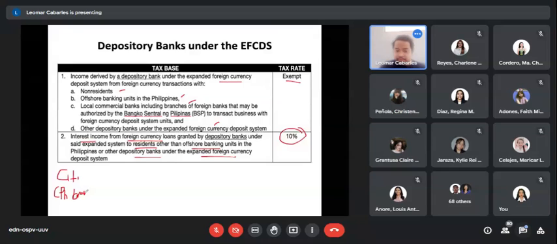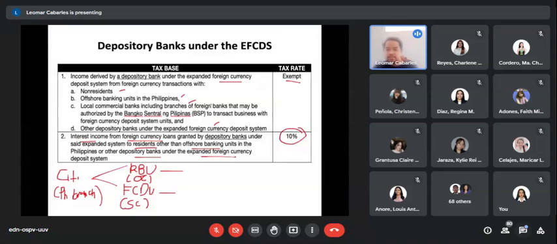Banking unit and foreign currency deposit unit. Anong tax treatment sa FCDU? Answer, this is special corporation. But the regular is only an ordinary corp. Okay?